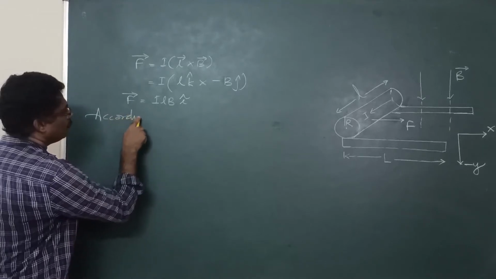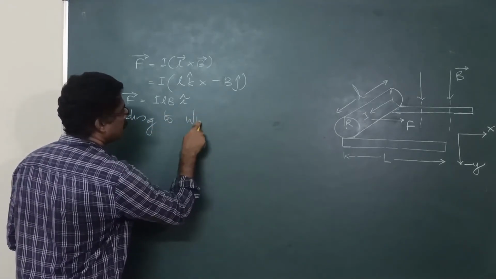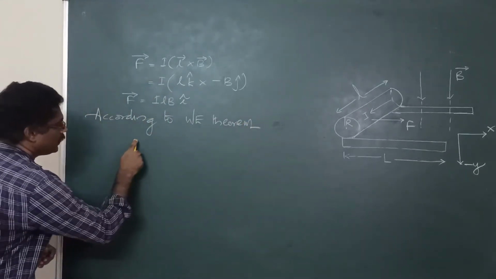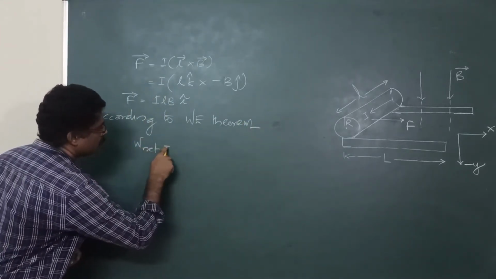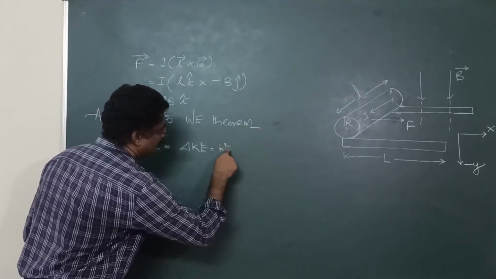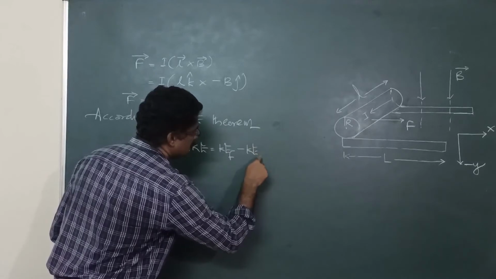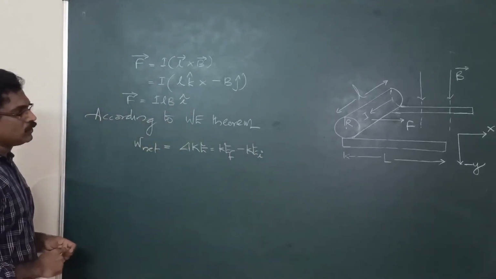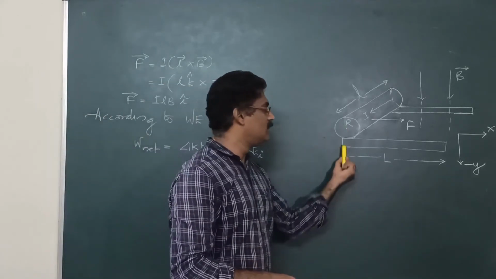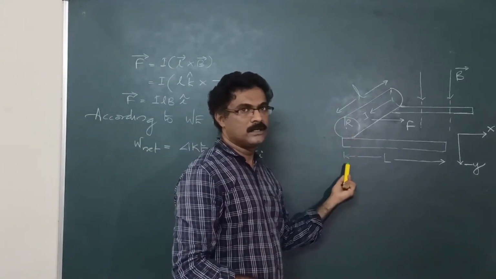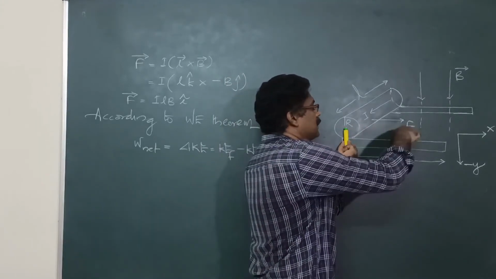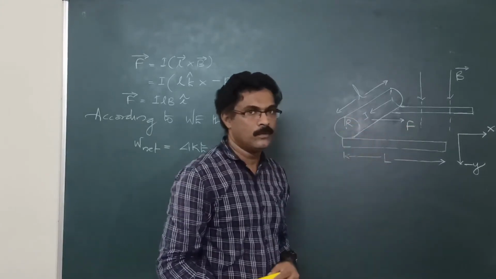So according to the work energy theorem, we can write work done by the net force is equal to change in kinetic energy, that is final kinetic energy minus initial kinetic energy. So what is the work done by the net force? One of the forces is mg, that is not doing any work, because mg is in this direction and displacement is in this direction, so work done by the gravitational force is 0.